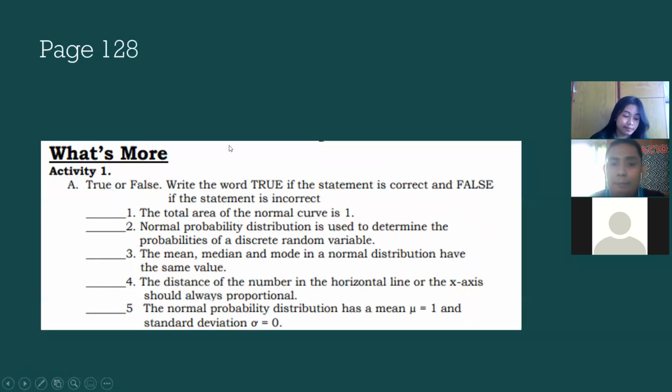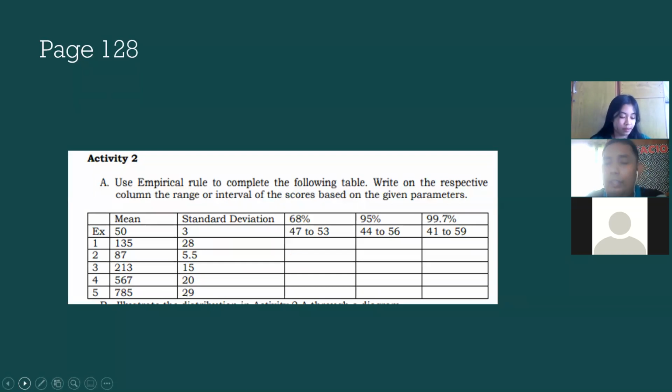And for your assignment, answer What's More, Activity 1, page 128. Activity number 2, page 128 also.